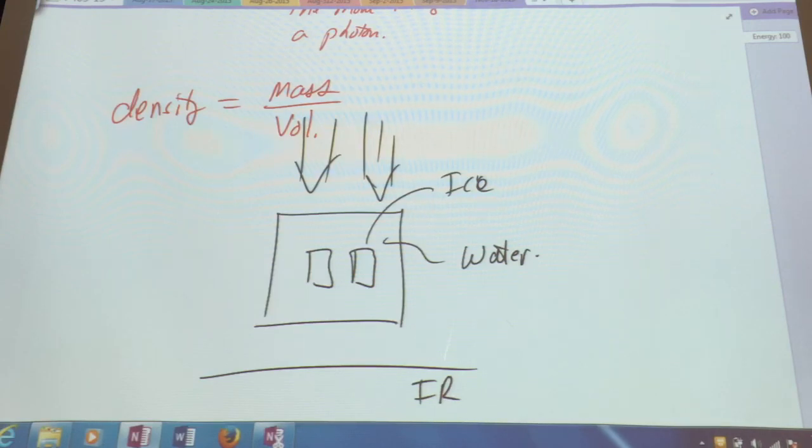So what is the most likely to absorb, the water or the ice? Water. Ice floats. Ice is less dense than water, right? Okay, so the ice is actually less likely to absorb than the water.